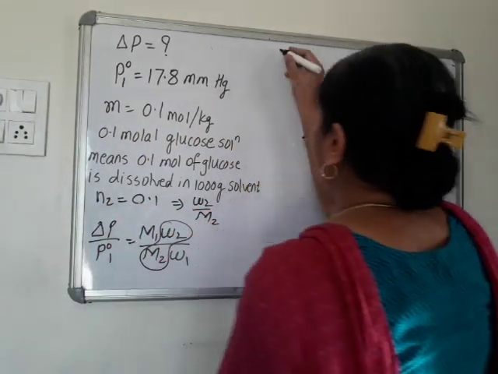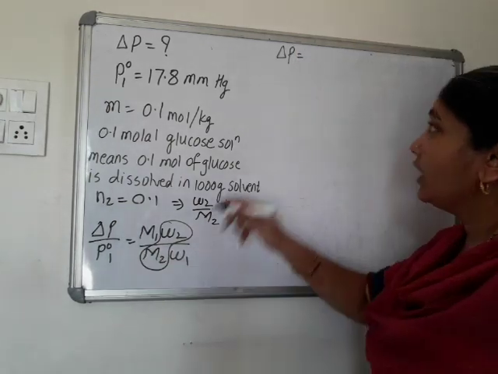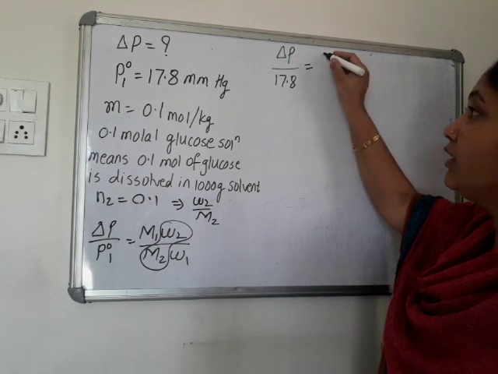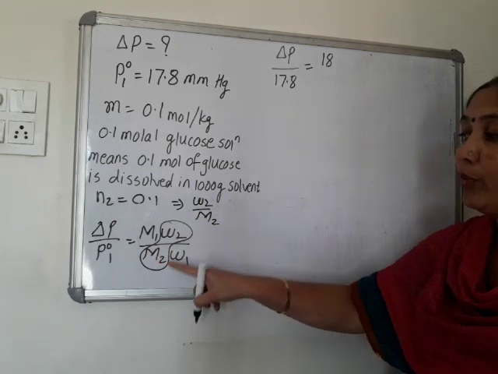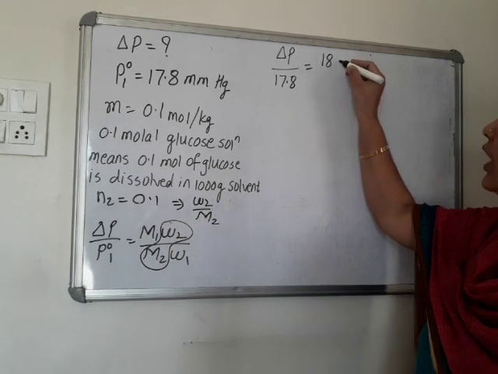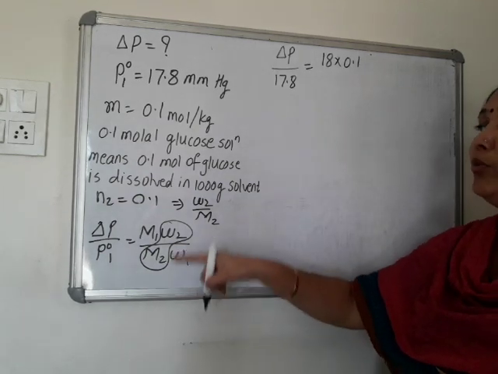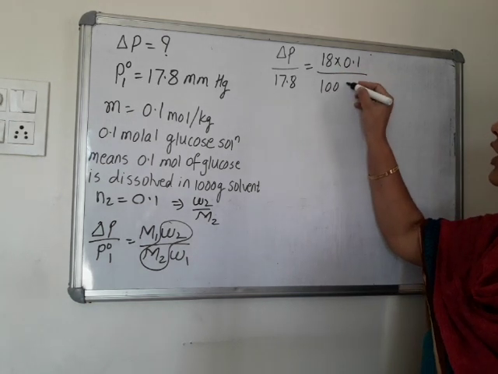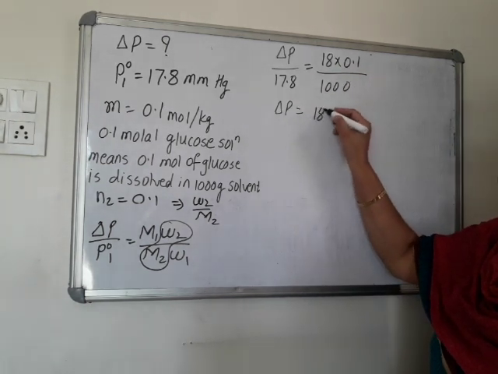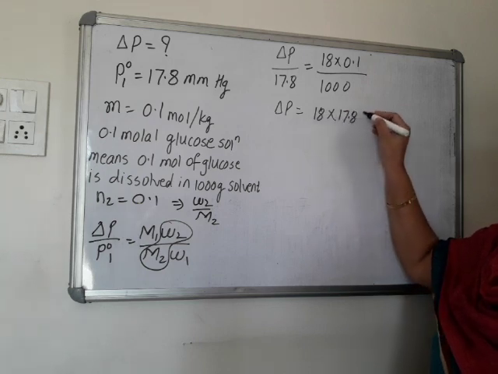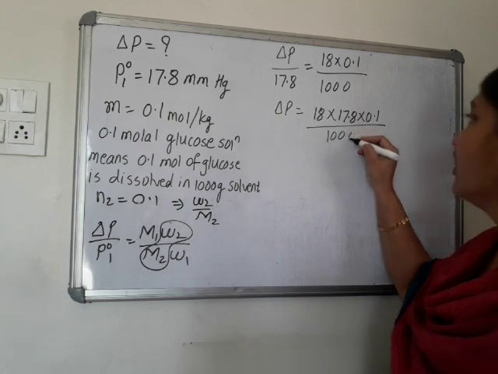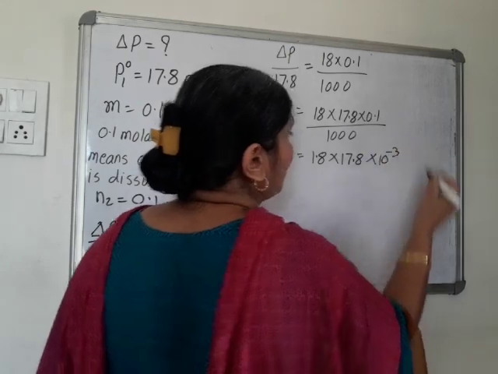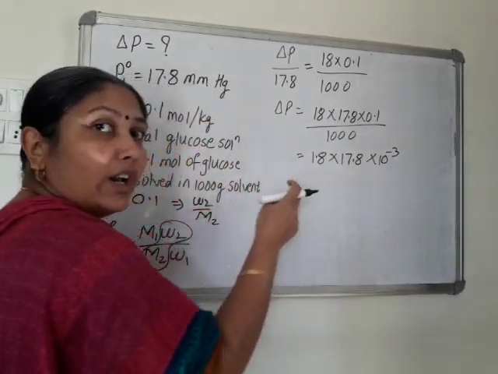So delta P we have to find, upon P01, which is 17.8, is equal to M1, molar mass of solvent 18, times N2, which is 0.1, upon W1, which is 1000. Simplify this. Delta P is 18 into 17.8 into 0.1 upon 1000, so we can write this as 1.8 into 17.8 into 10 raised to minus 3. Clear?